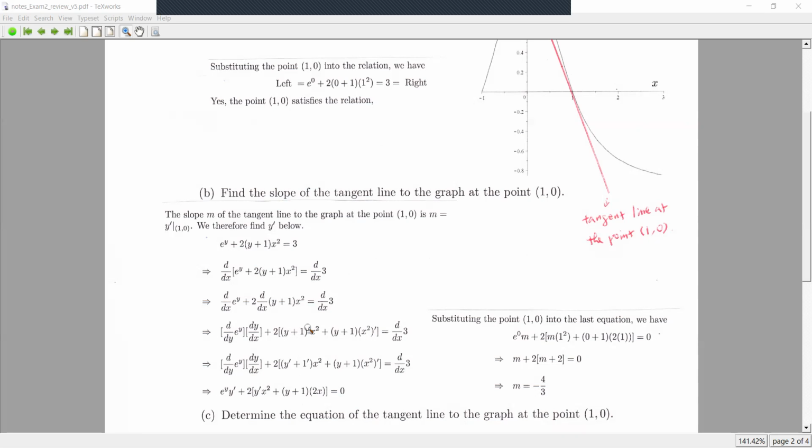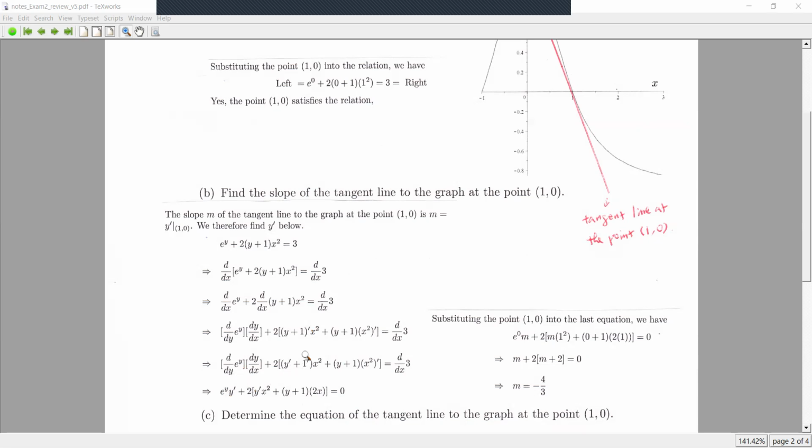The derivative of y plus 1, by the summation rule, is the derivative of y plus the derivative of 1. The derivative of e to y with respect to y, by formula, is e to y.